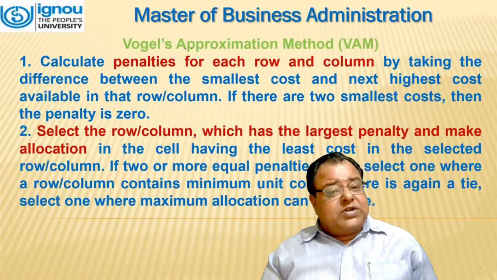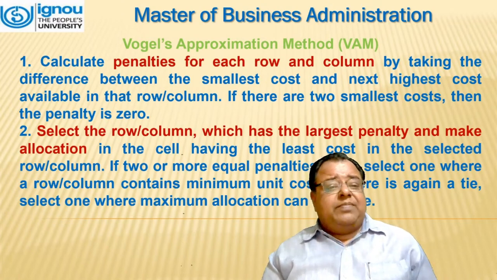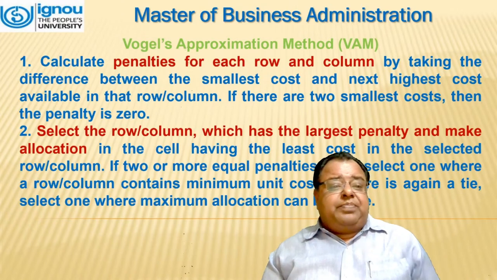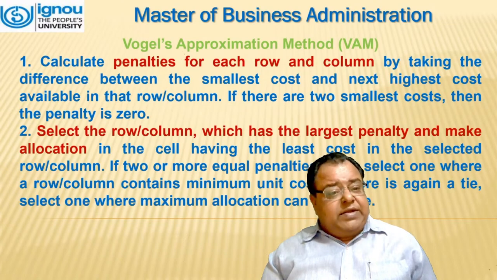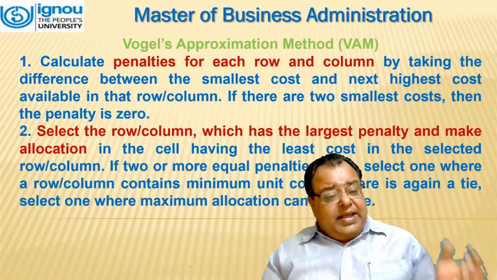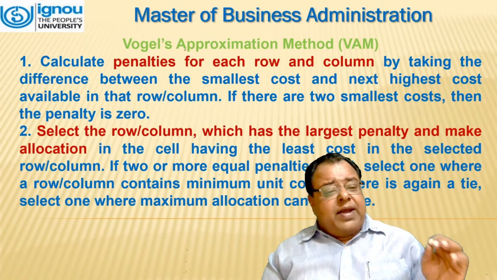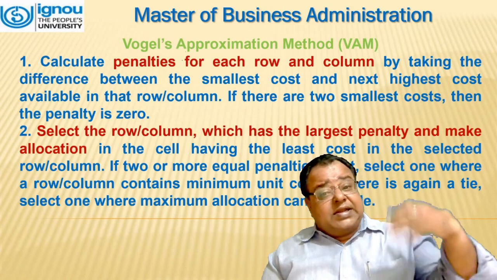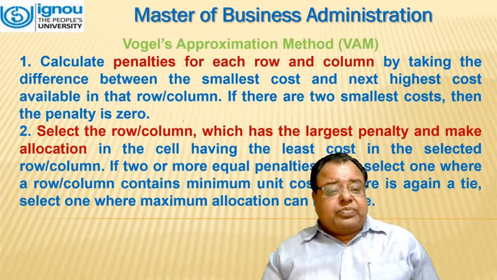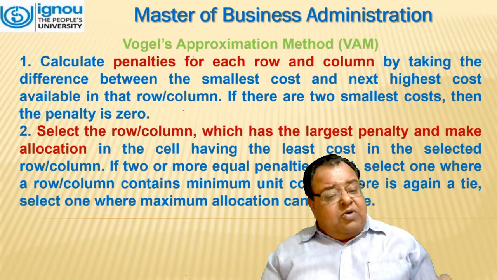Second is Vogel's approximation method. What is the procedure of solving a problem with the VAM method? Calculate penalties for each row and column by taking the difference between the smallest cost and the next highest cost available in that row or column. If there are two smallest costs, then the penalty is 0. Second, select the row or column which has the largest penalty and make allocation in the cell having the least cost in the selected row or column.